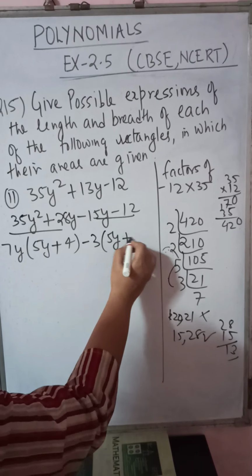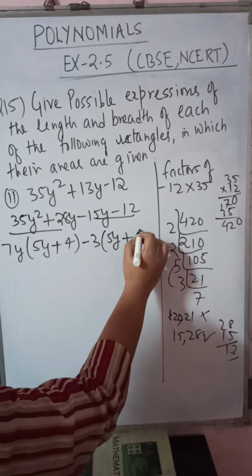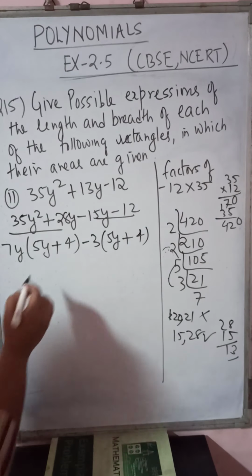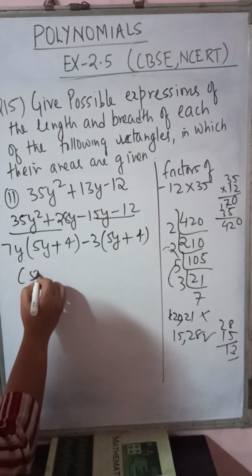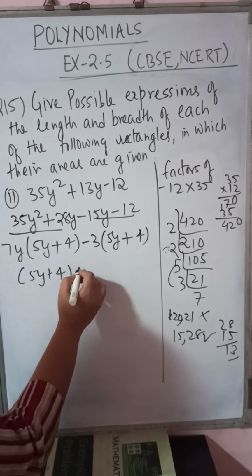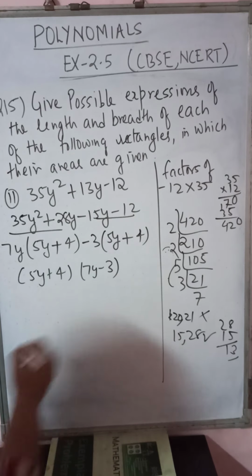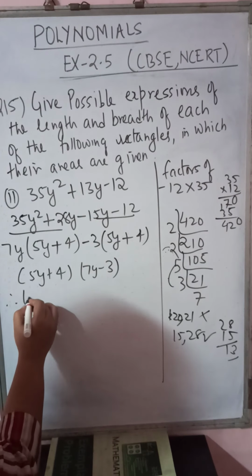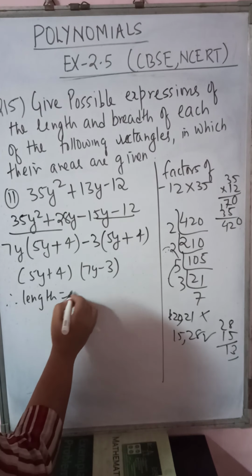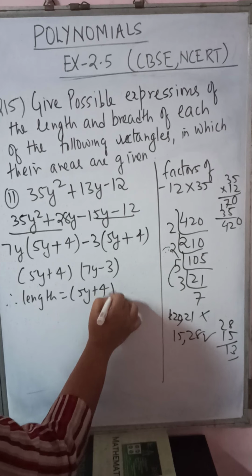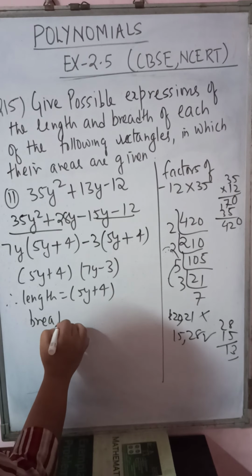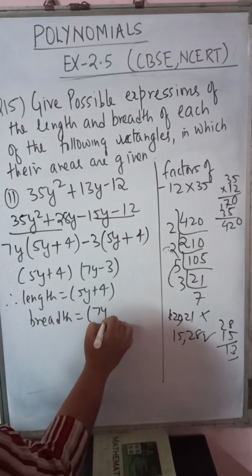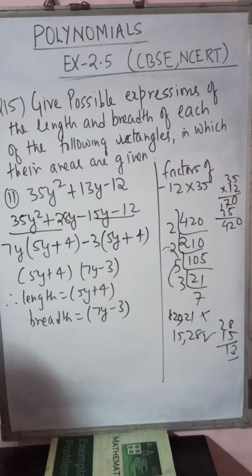Minus into plus, so minus plus minus. 3 4s are 12. Now again it is common. So keep it in one bracket, and whatever is written outside the bracket, keep it in another bracket. Therefore, length is 5y plus 4 and breadth is 7y minus 3. So this question is done.